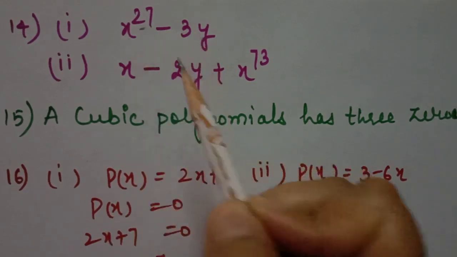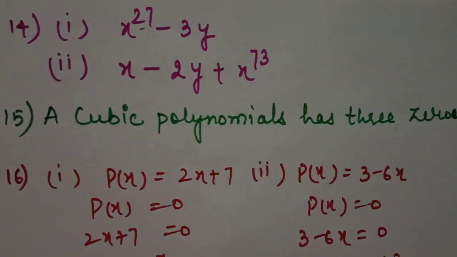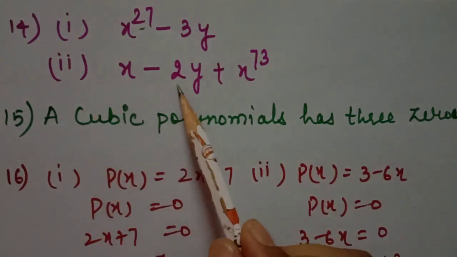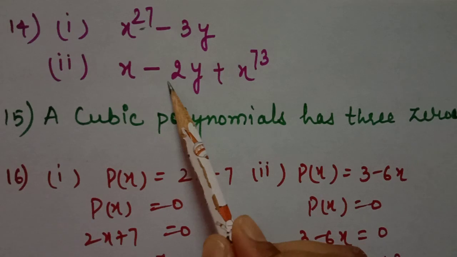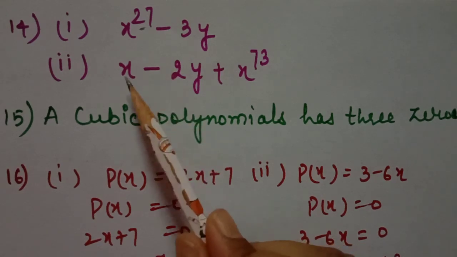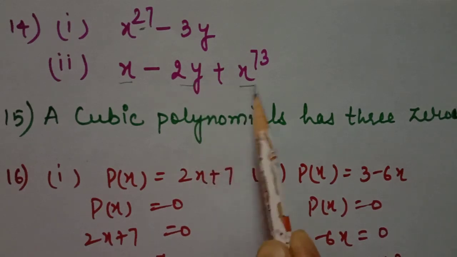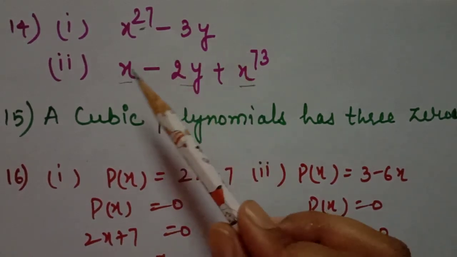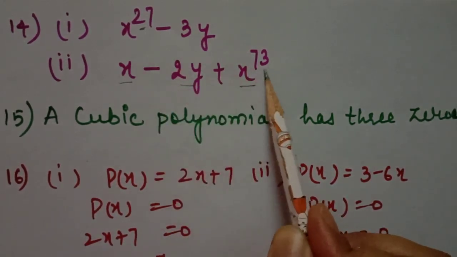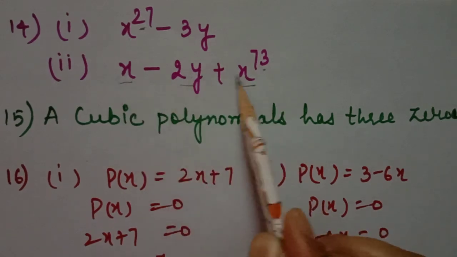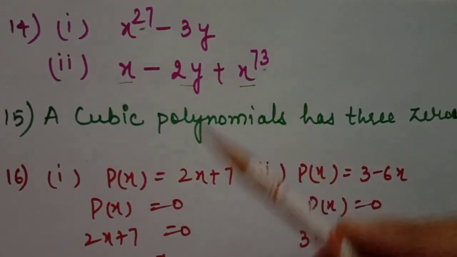So this is an example. You can also write a different example. Second part was a trinomial of degree 73. A trinomial means three terms, one, second and third. Three terms are there. So students, the degree of the trinomial is 73. So the highest power of the polynomial is 73.